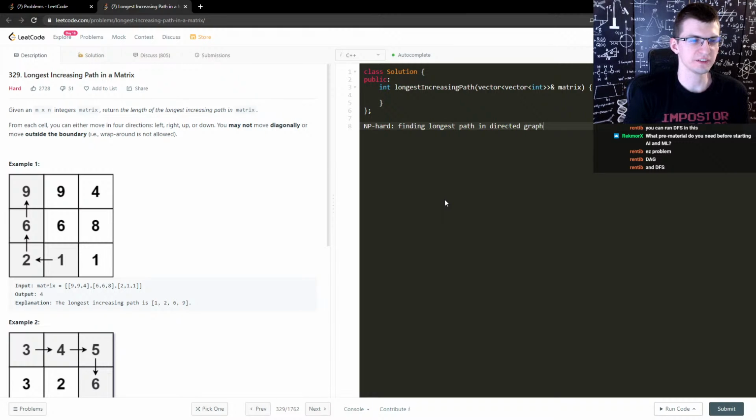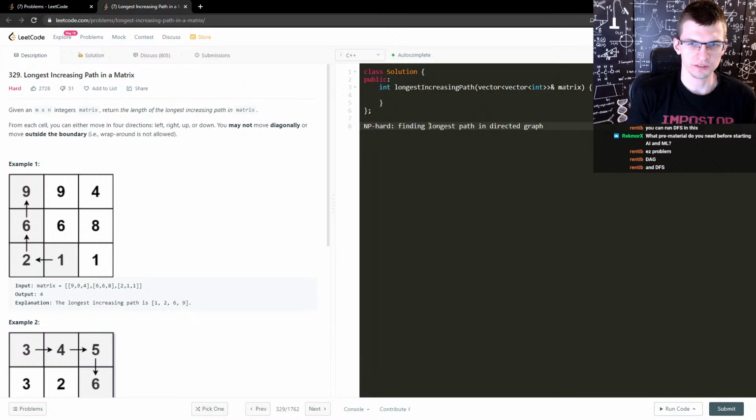But there must be something special here, and of course you might think, oh, but this is a grid. Still, if you're given a grid and information that from this cell you can move to those neighbors, something like that, I think, well, it's still exponential. Yeah, it's still NP-hard.